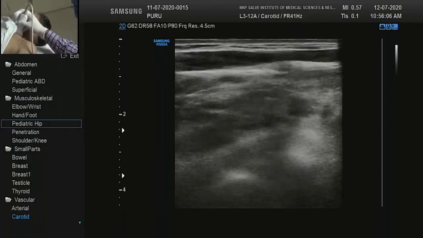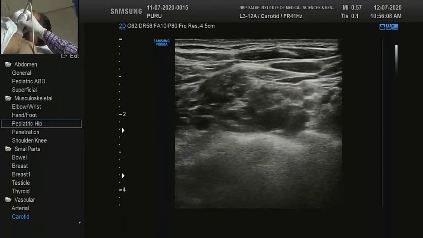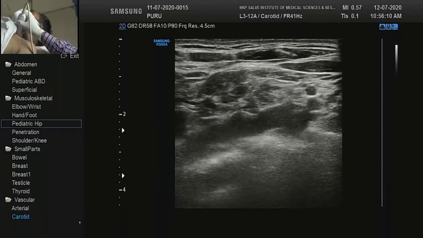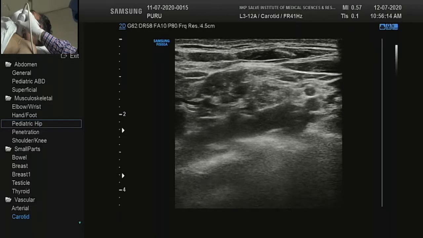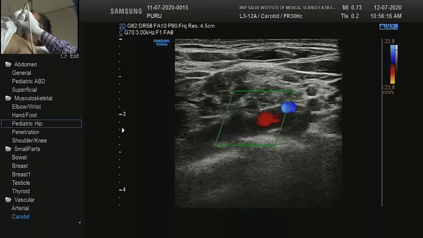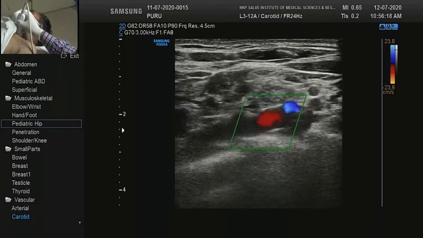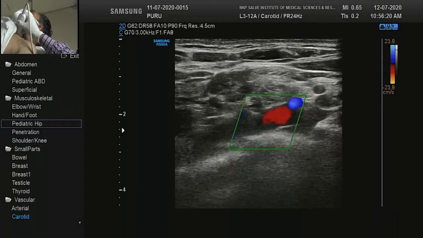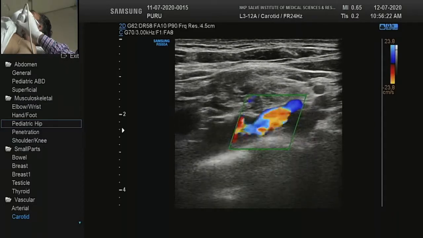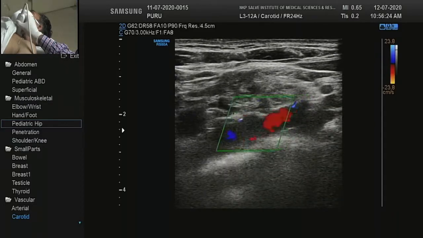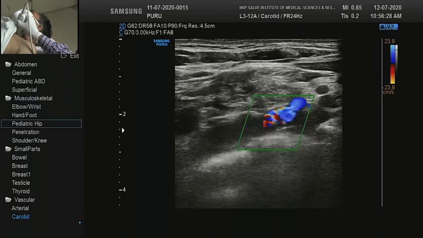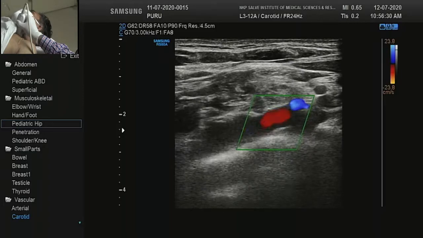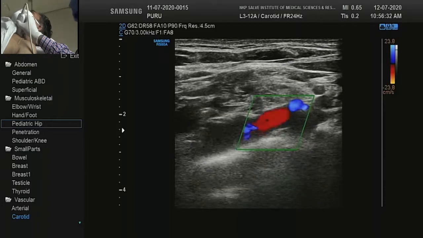And this is the subclavian artery. We'll just confirm. The color Doppler also sometimes gives an indication whether this is a normal artery or not. See this, you can make out at least two phases.